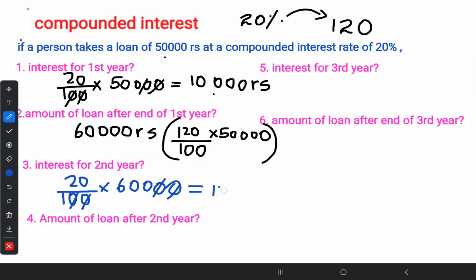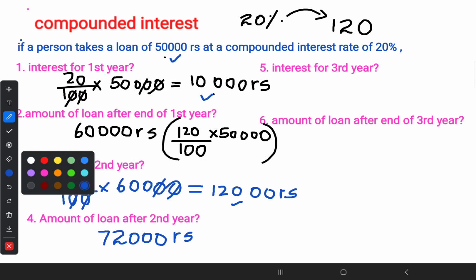It will become 12,000 rupees. Okay, 12,000 rupees is the interest for the second year. The amount of loan after the second year: initially 50,000, thereafter in the first year 10,000, second year 12,000. Altogether, the loan amount after the end of 2 years, the 50,000 became 72,000 rupees.